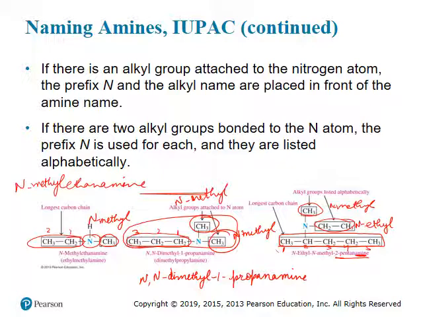So you put them individually. N-ethyl, N-methyl, 2-pentanamine. And how do we decide who comes first? Do I put methyl first or ethyl? Alphabetical order. Perfect. Then we put these in alphabetical order. So it would be N-ethyl-N-methyl-2-pentanamine. Okay.